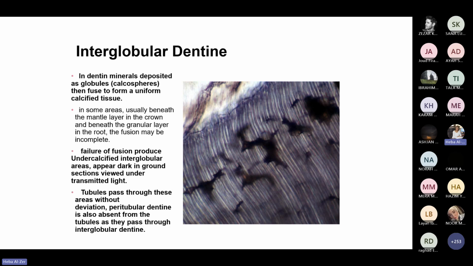They are hypocalcified areas found under the mantle dentine. And as you can see, the tubules go through them really normally without any problems. We can see this area in the crown and in the root.